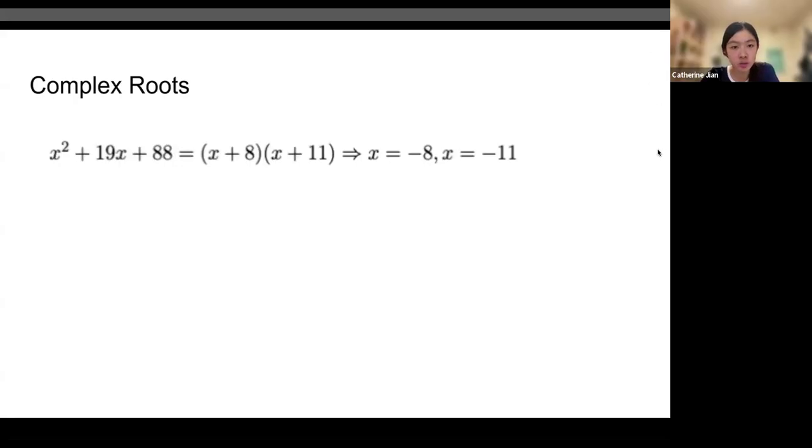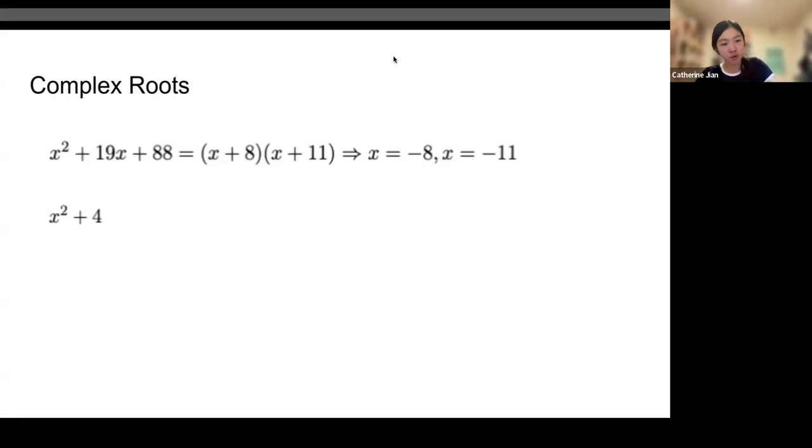Yeah, and so complex roots are useful because not all polynomials have real roots. For example, this is a case where it's pretty nice, all the roots are real, and it can be factored like this. However, this is not always the case.